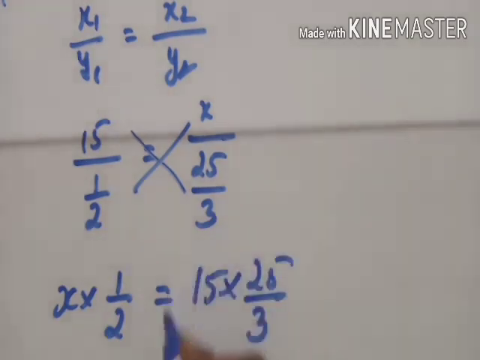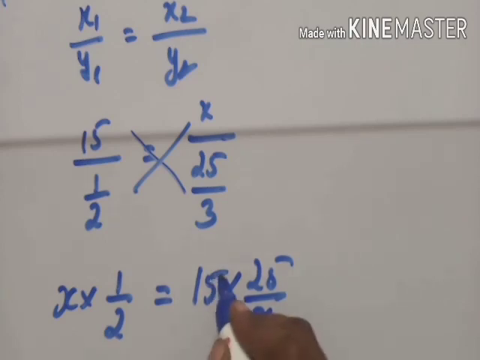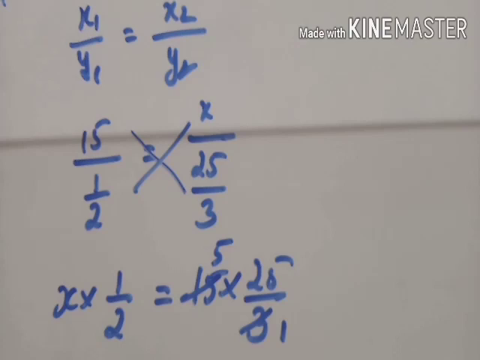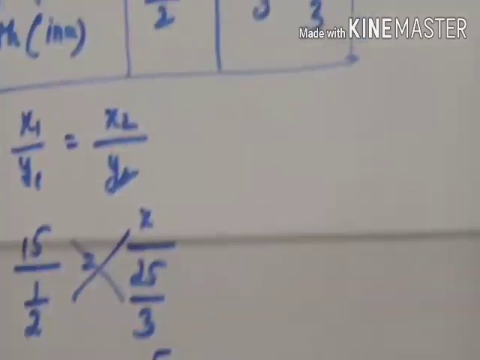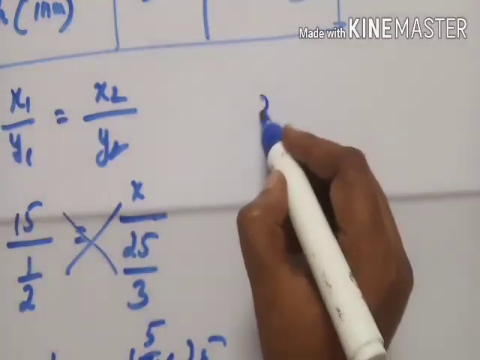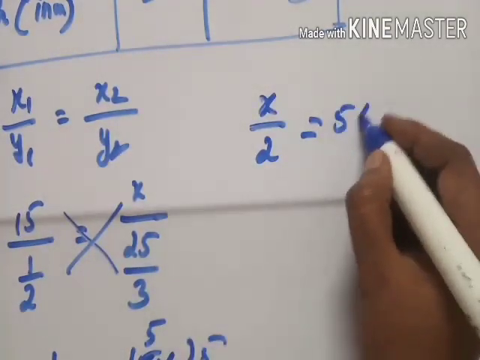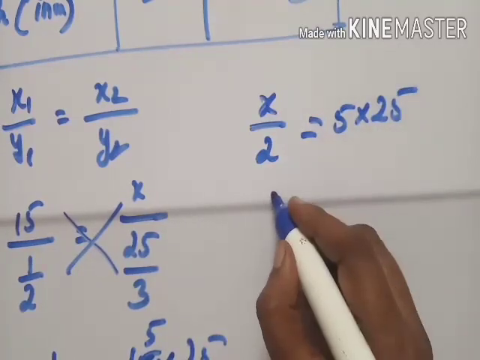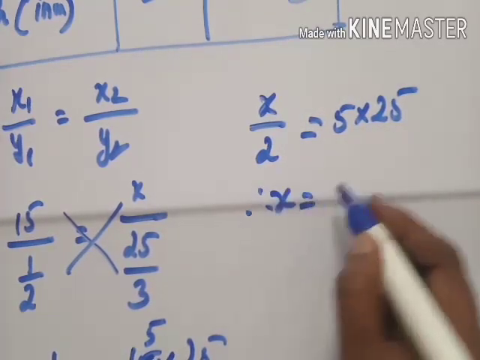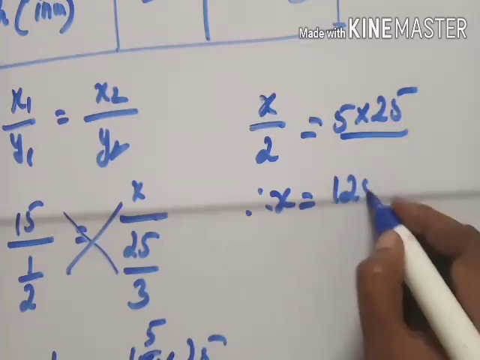So here I am going to do this cancellation with the table. 1 3 is 3, 5 3s are 15. So what is remaining over here? x into 1, x by 2 is equal to 5 into 25. So x by 2 is equal to 5 into 25, 125.